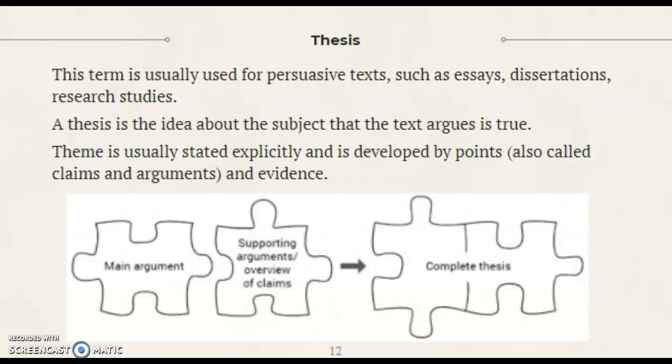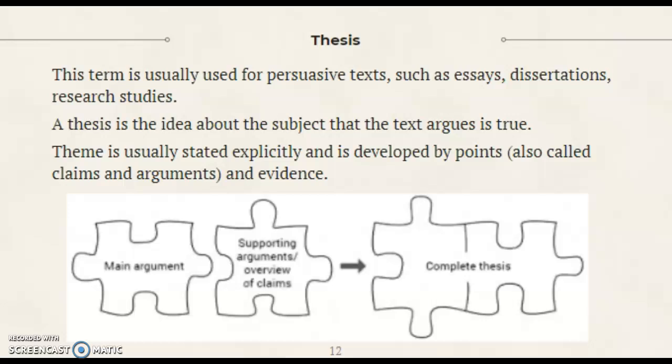The idea of a thesis is the controlling idea of usually persuasive texts. So like your critical analytical essays that you'll write. University dissertations and research studies also use a thesis. And the controlling idea of these kinds of texts is the main idea about the subject that the text is going to argue is true.